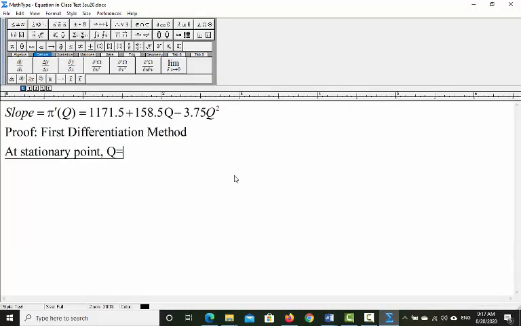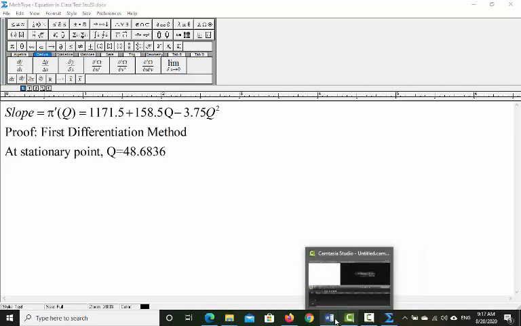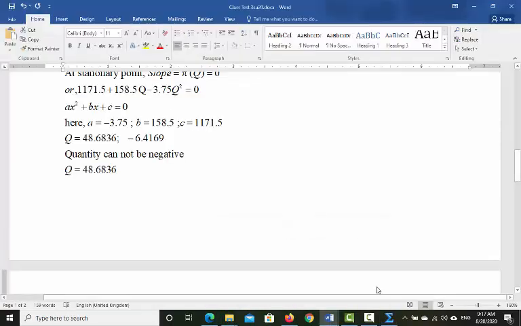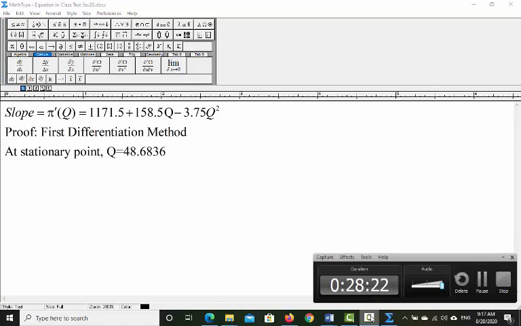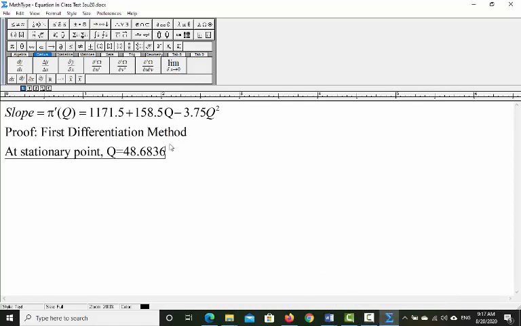That's the value we got at the stationary point.